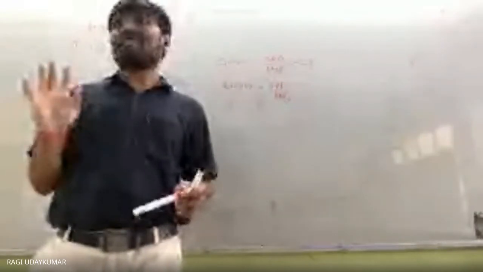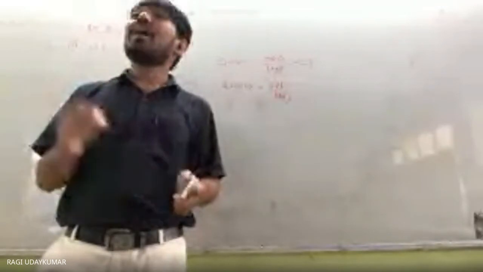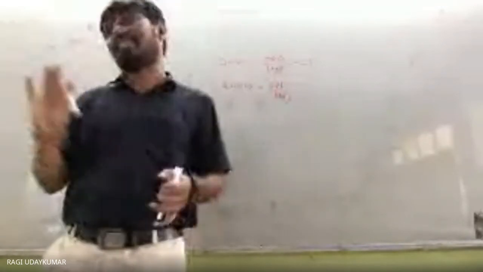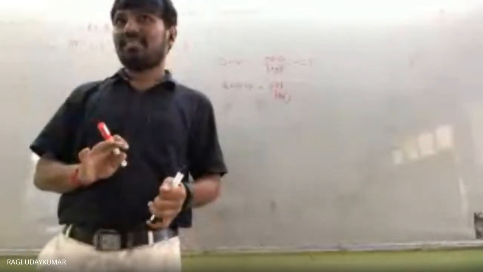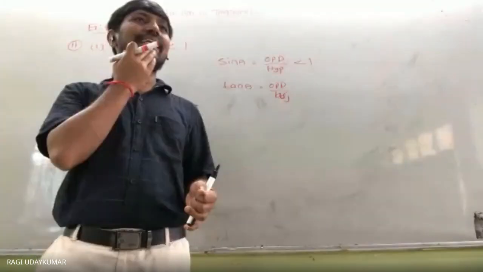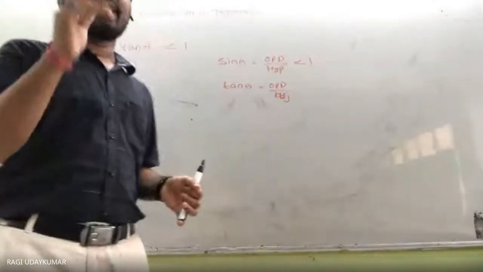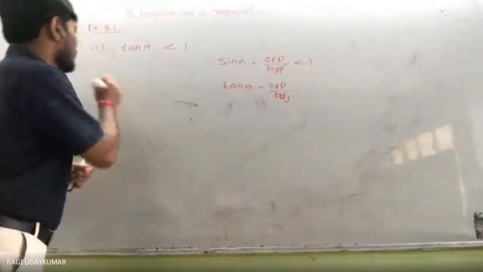But always not. Less than 1 आएगा. कब आएगा? If opposite length is less than the adjacent, then we are going to get less than 1. But it is not always.